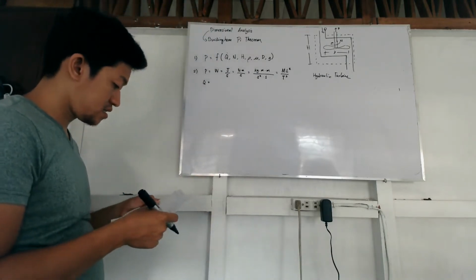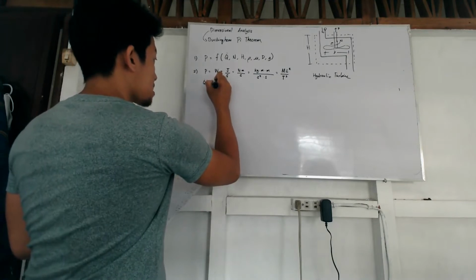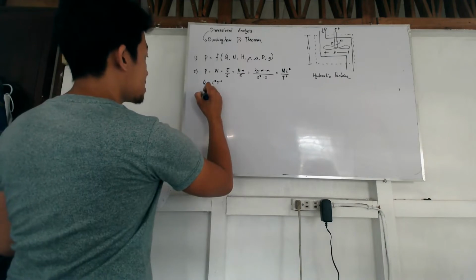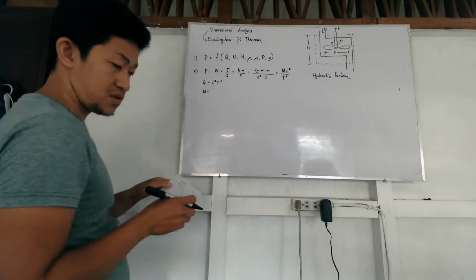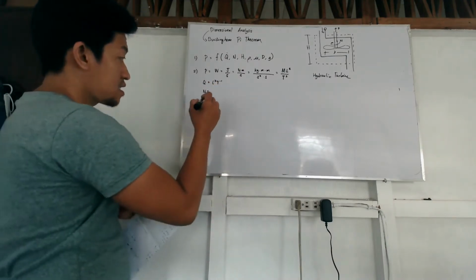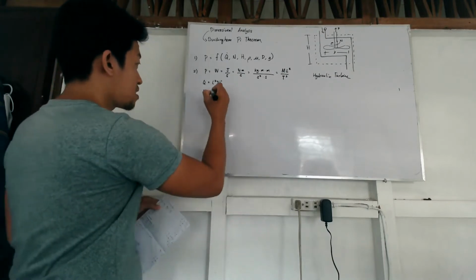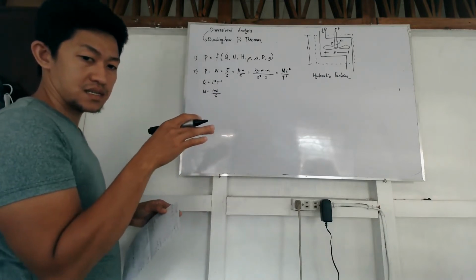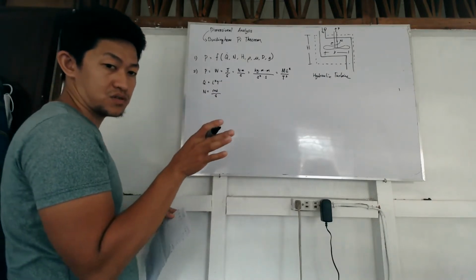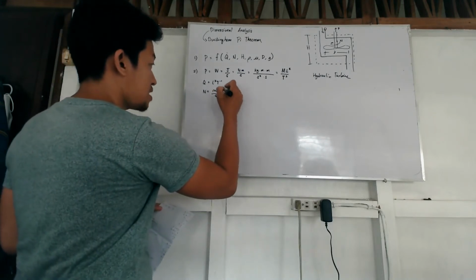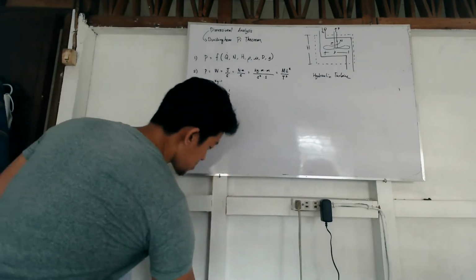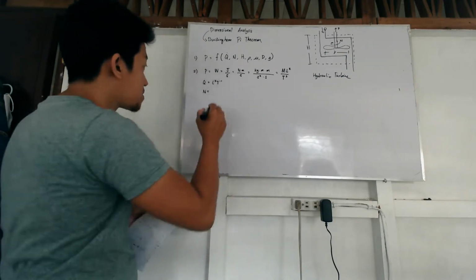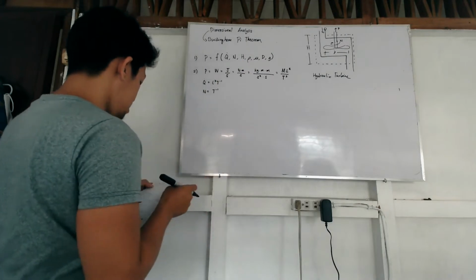Q is length cubed over time, L cubed T negative 1. And N, the RPM, is revolutions per minute or radians per second. Radians are usually written as 1 over S, so this becomes T negative 1.